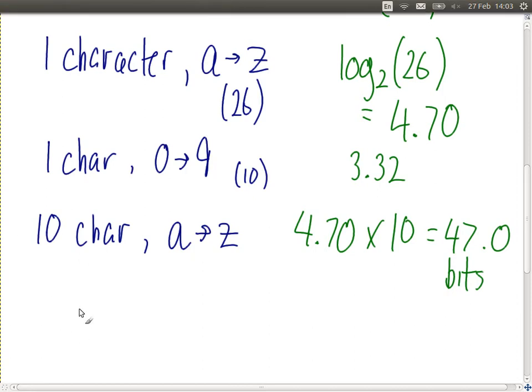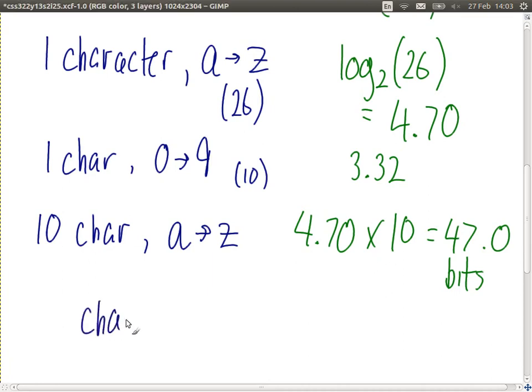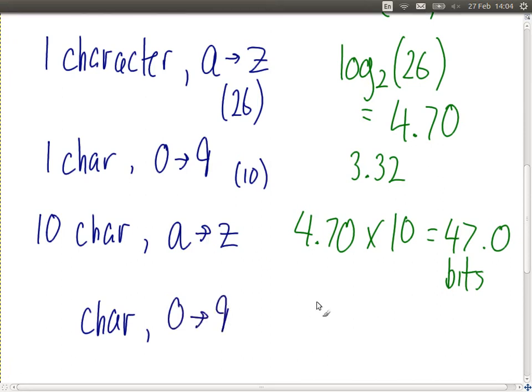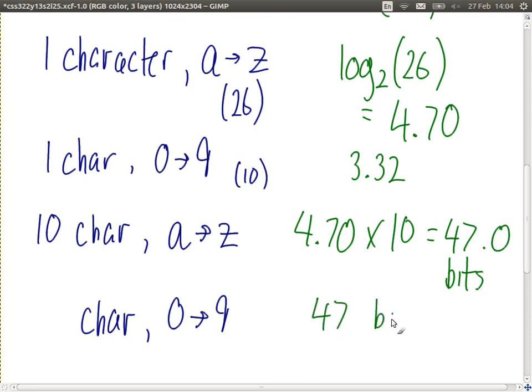One more. Let's go backwards. If I want to allow passwords chosen from numbers only, 0 through to 9, and I want the number of possible passwords to be the same as the previous case, around 47 bits, how many characters should I use?